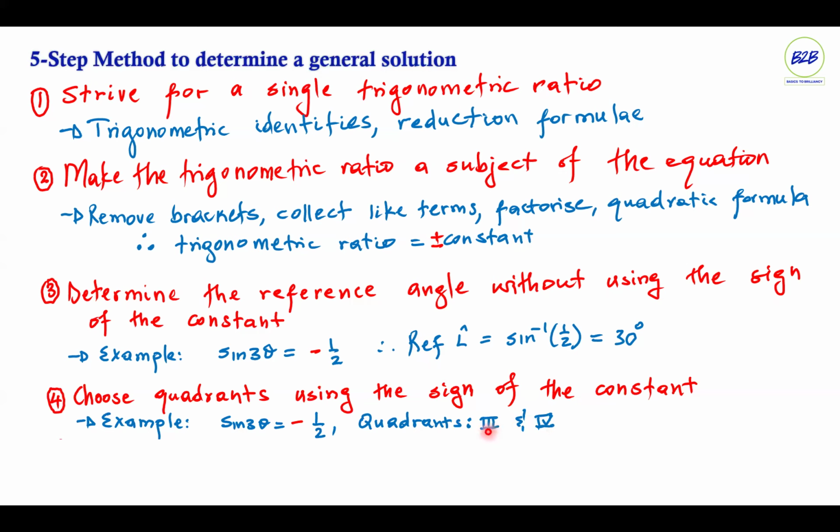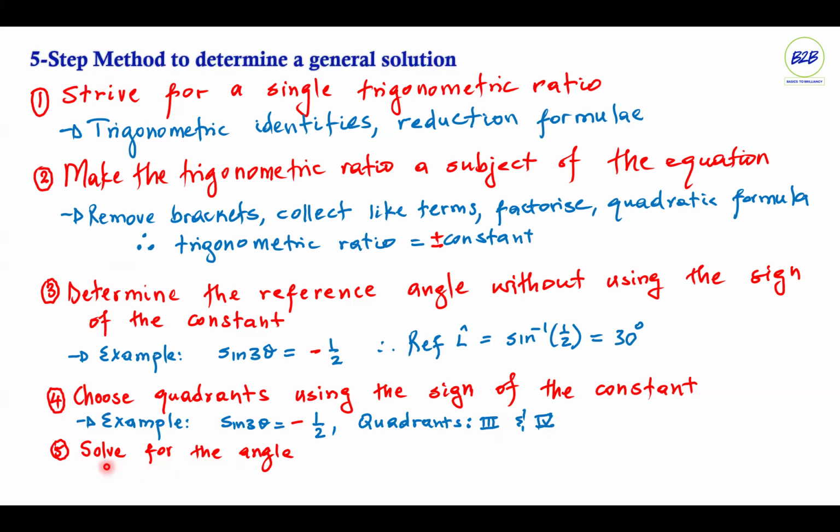All right. And then we go to the last step of the 5-step method. That last step is the end of determining the general solution. That is when we now solve for the angle.